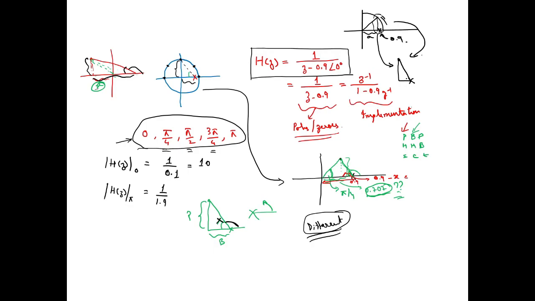What is this component? 0.9 minus A, right? So from this, this is one. As I told you, 1 by root 2, use Pythagoras theorem or any of this to get the perpendicular. P by H, you know the hypotenuse, it is sine theta. You know the theta, you know the hypotenuse, you find out the perpendicular.